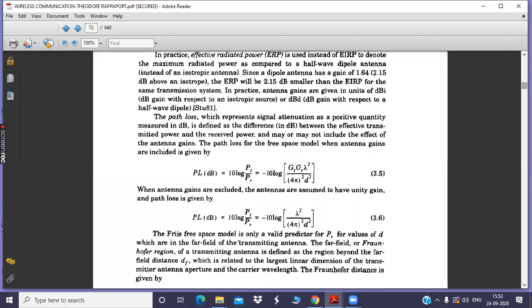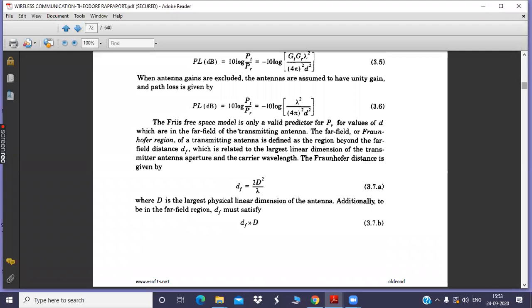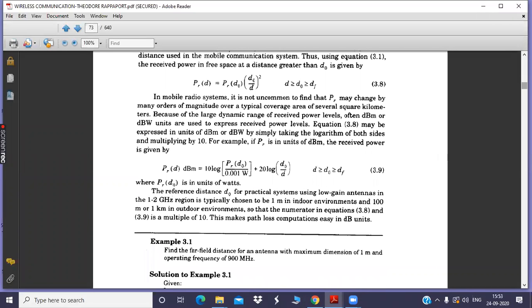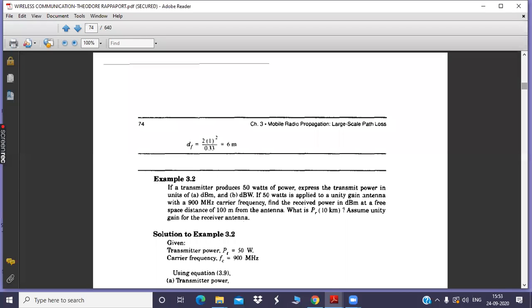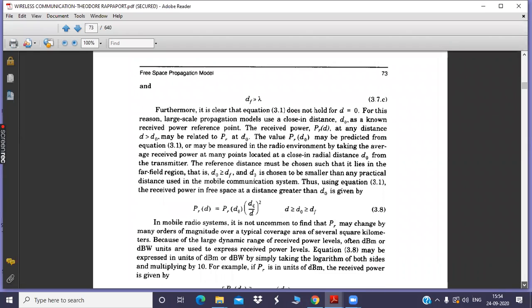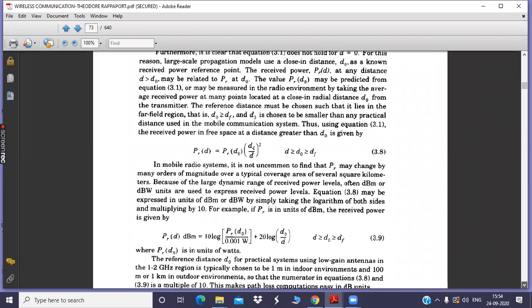This is the result that you have, equation 3.9. Write this equation. PR of D means PR of 10 kilometers, the received power at 10 kilometers. So PR of 10 kilometer is equal to 10 log PR of D0, means PR of 100.